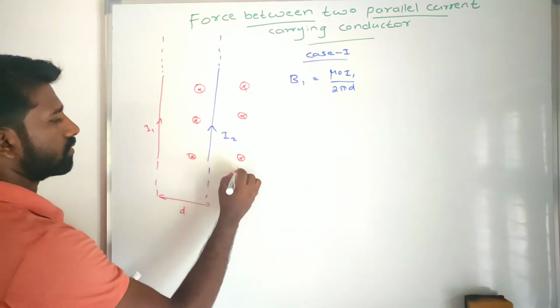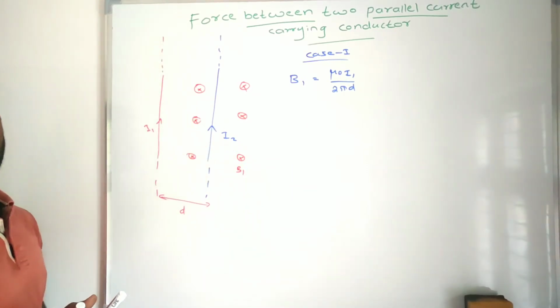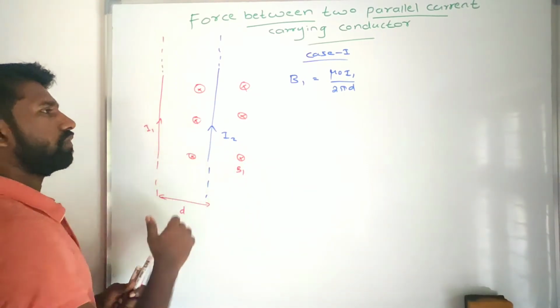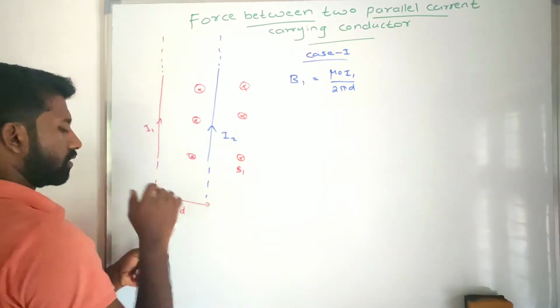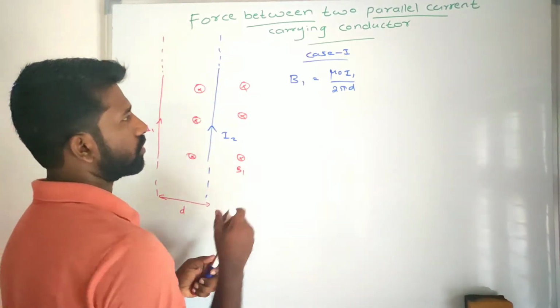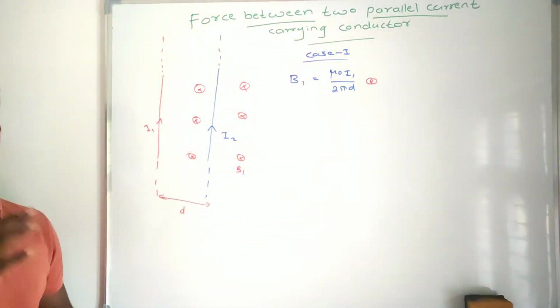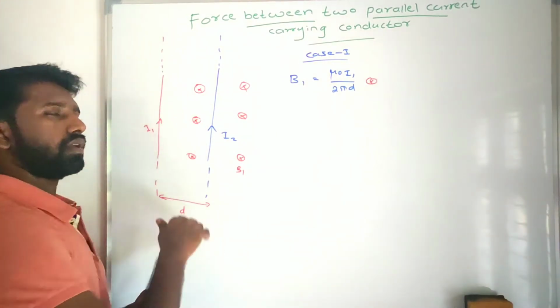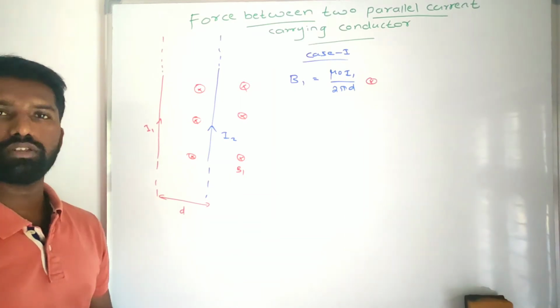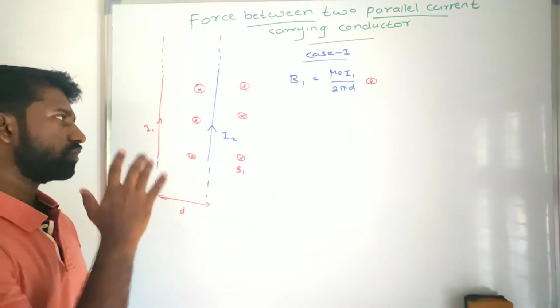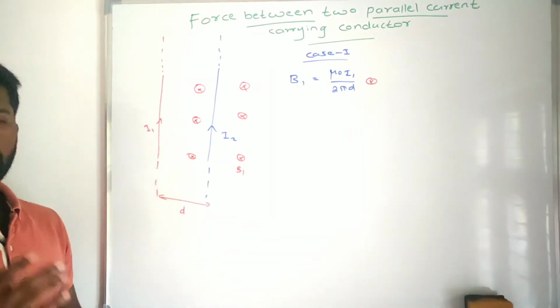This is the B1 magnetic field. In this B1 magnetic field, the second current carrying conductor is situated. When a current carrying conductor is placed in a magnetic field, it will experience a force. So the second conductor experiences a force.